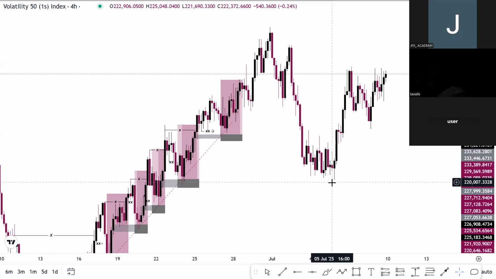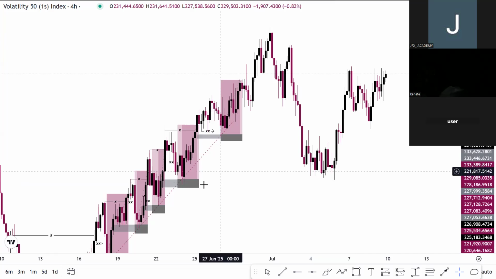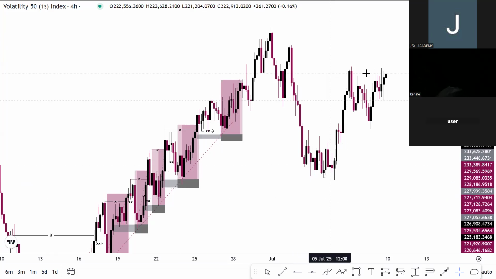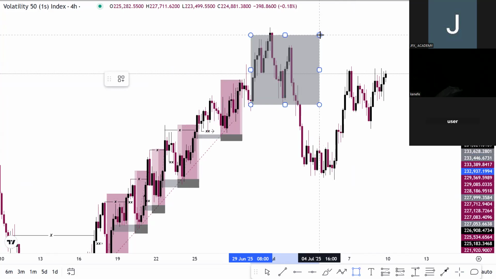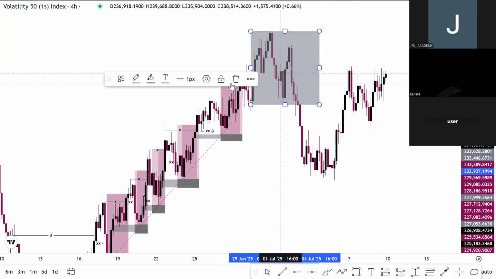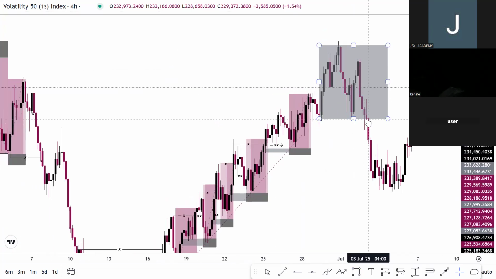So any of your pairs that is on a ranging trend, that's why you see I've not analyzed anything on this V51s, because before all these happened, I left it around here. I left the whole thing around here, because I wasn't sure if the market was still going to continue with the buy.